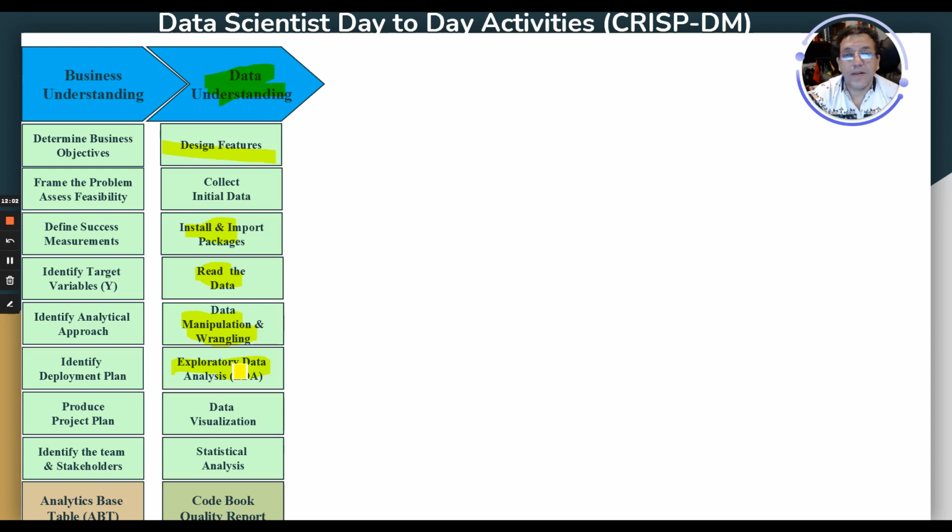Why? Just for your information, machine learning accepts any data, but the quality of the finding, the quality of the discovery, the quality of the insight, is totally related to the quality of the data you are feeding into this machine learning.